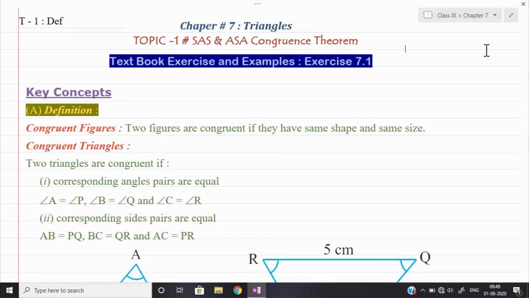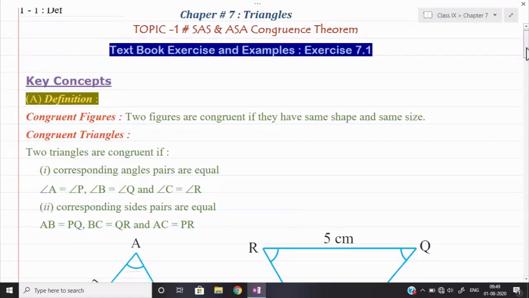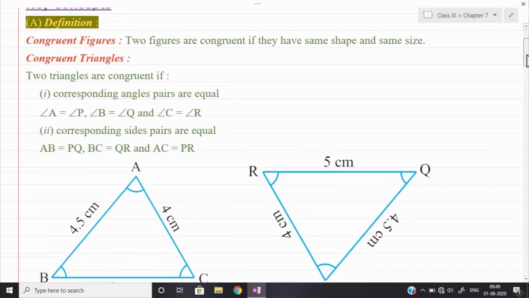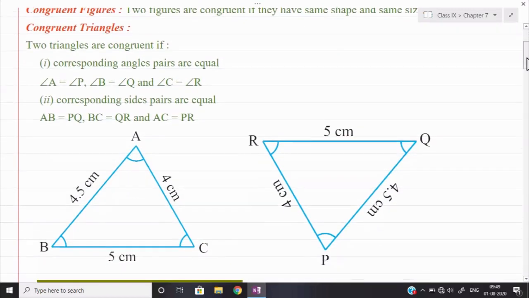Now in the context of triangles, how can we define these things in a more particular manner? We cannot say that these two triangles look the same size, so yes, they are congruent. No, here congruent is defined in a more particular manner. That's why a separate chapter is given in your syllabus.